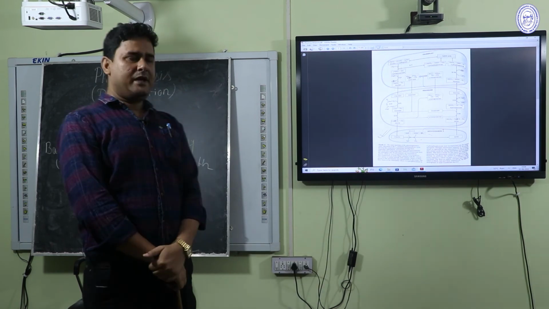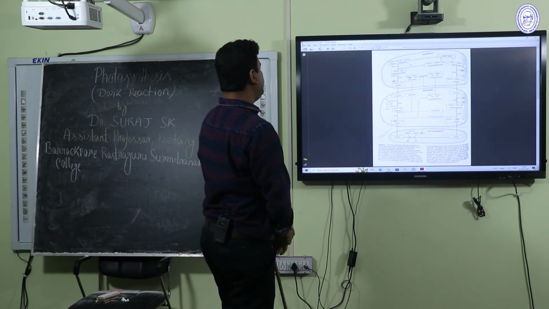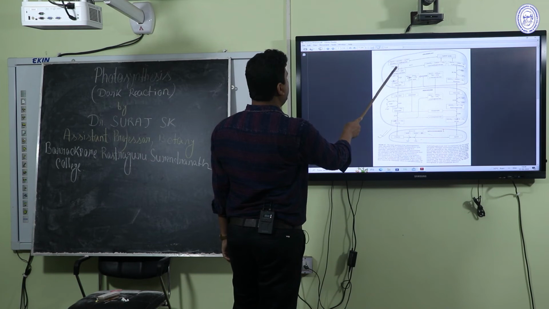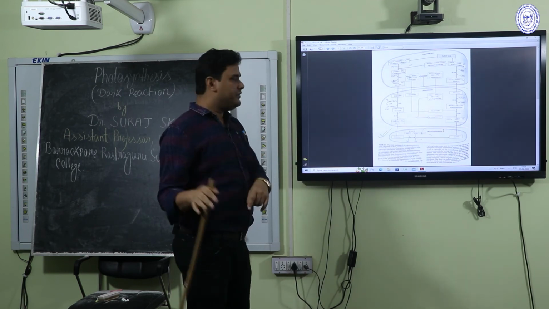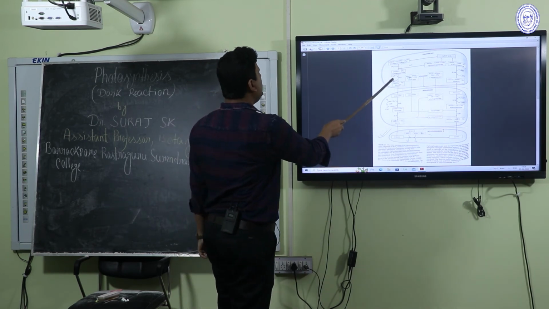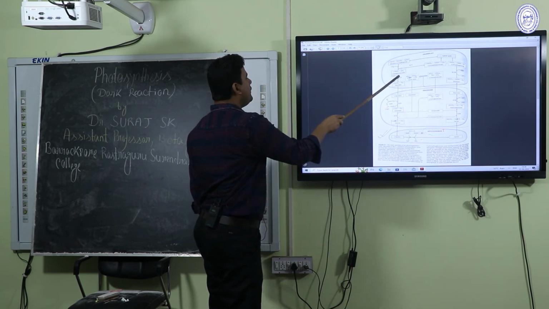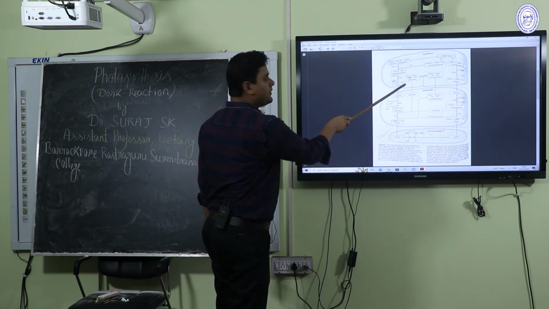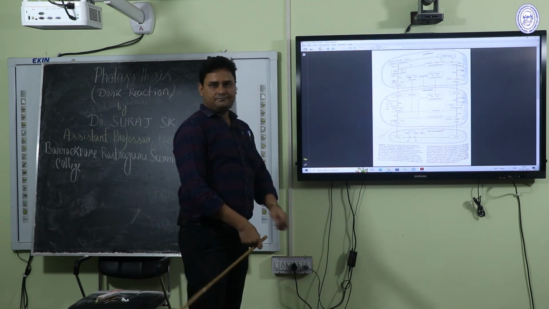Now, what happened? You can see here that ribulose 1,5-bisphosphate, with the oxygenase activity of Rubisco, will produce 2-phosphoglycolate, and this 2-phosphoglycolate will be converted into glycolate with the help of water.